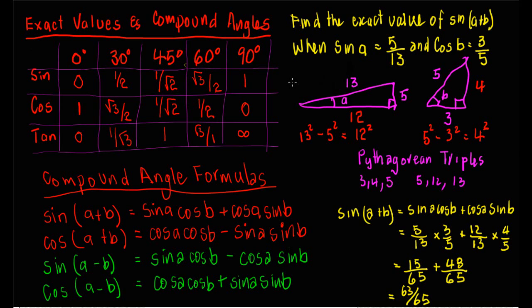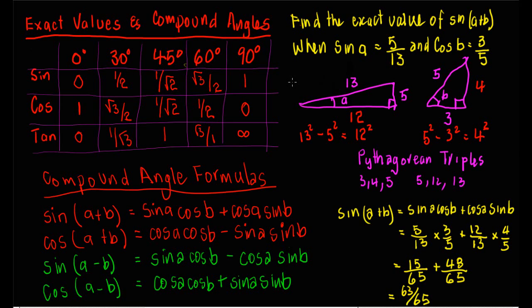So in the case of 5 and 13, we know the side opposite A is 5 and the hypotenuse is 13. And using Pythagoras, we can see that 13 squared is 169 minus 5 squared 25 is 144, which is actually 12 squared. So we have what's known as a 5, 12, 13 triangle.